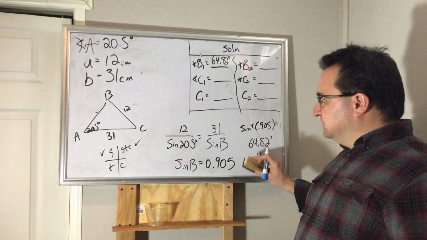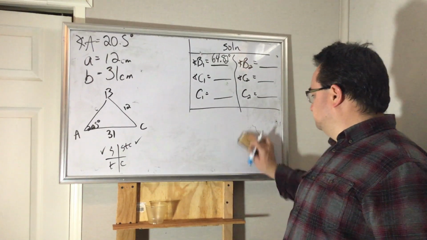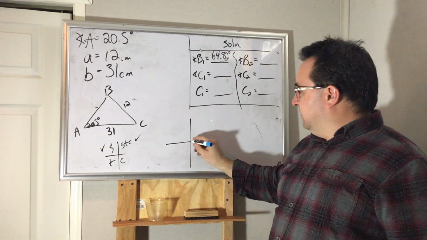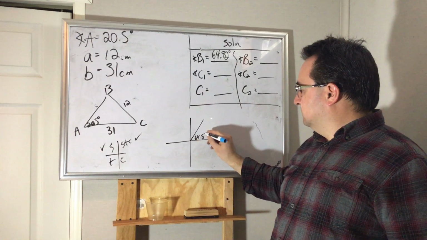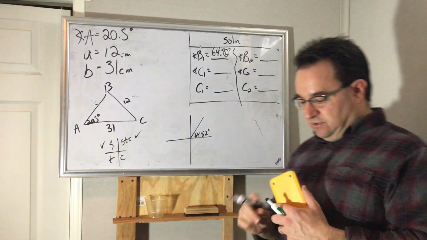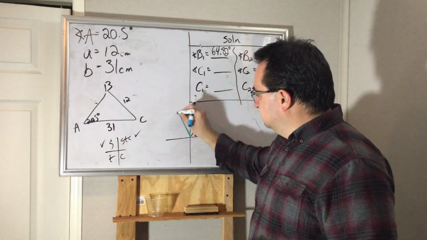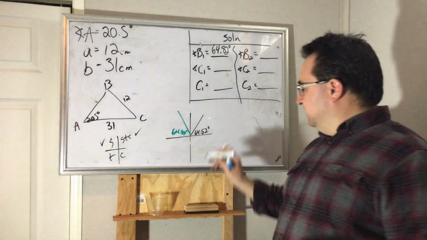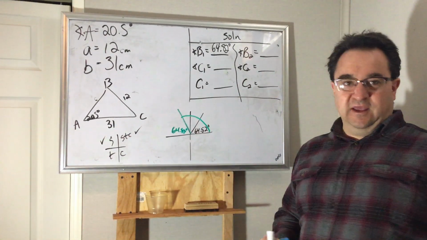Well, I got to erase. Here's the one my calculator told me. I want that angle in that quadrant, so I'm going to draw it. And here's a picture of my second angle.